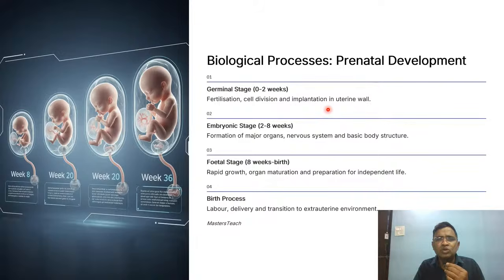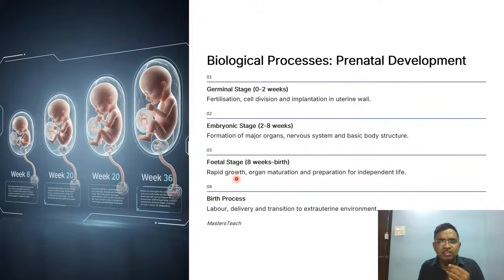Then biological process, prenatal development. The germinal stage is from 0 to 2 weeks, where fertilization, cell division, and implantation in the uterine wall take place. Then the embryo stage is between 2 to 8 weeks: formation of major organs, nervous system, and basic body structure. Then the fetal stage is 8 weeks to birth.